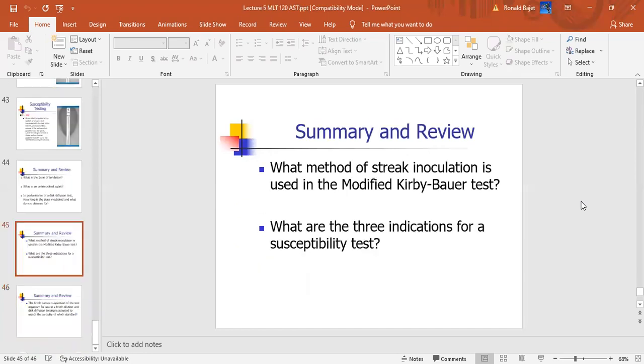What method of streak inoculation is used for modified Kirby-Bauer tests? What's the method of streak inoculation? Lori? Say again? The broth? Now, what kind of streak method are you using? How do you streak it on the plate? Are you going to streak for isolation?